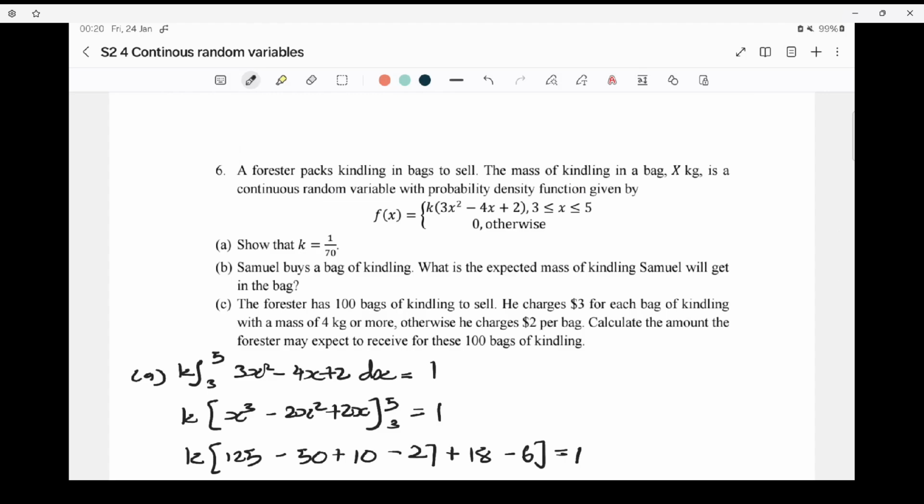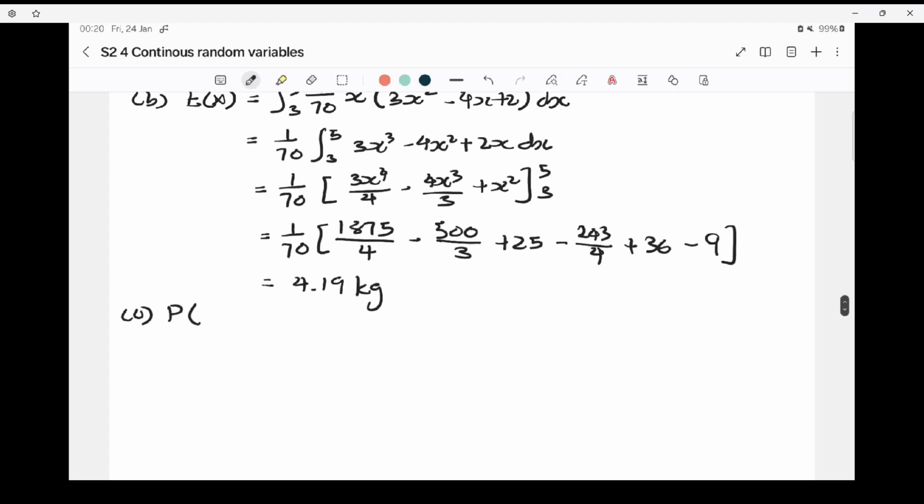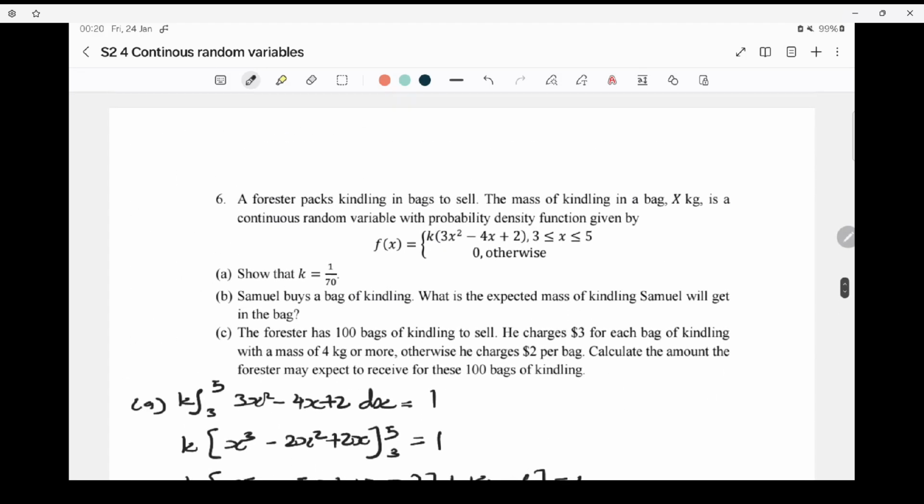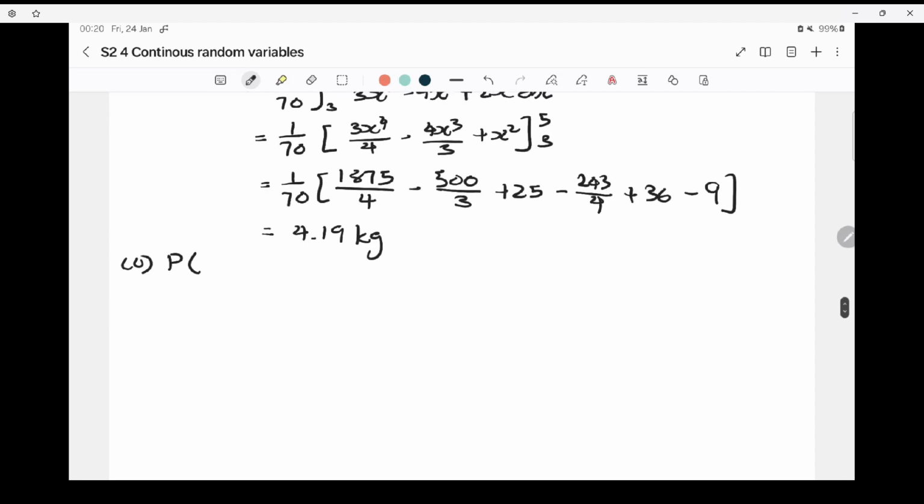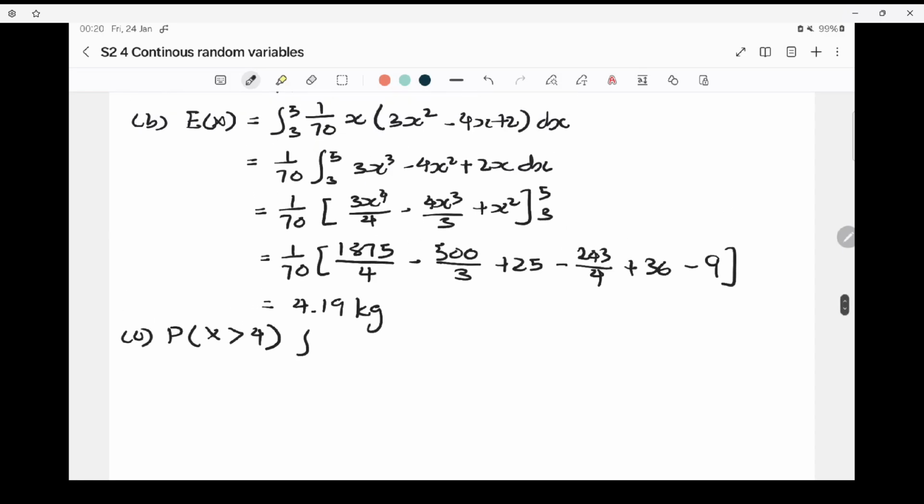So for 4 or more, if x is more than 4, this will be 1 over 70 integrating from 4 to 5, because 5 is your upper limit.